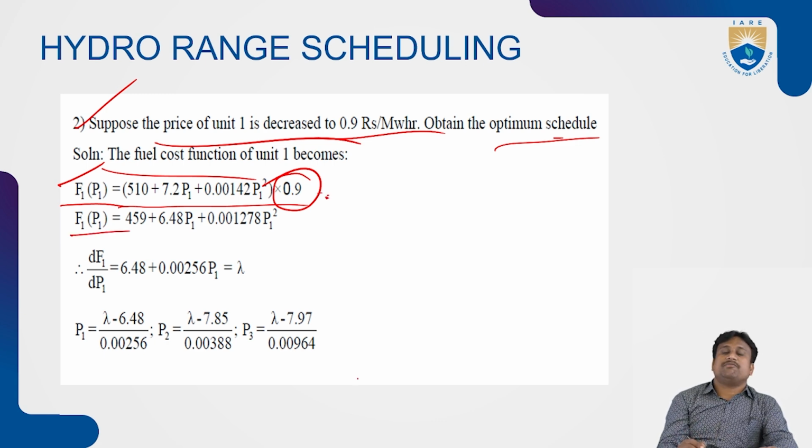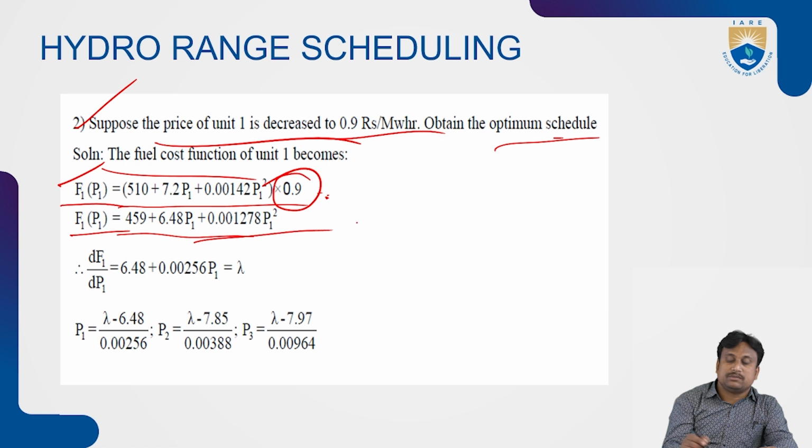Similarly, this F1 of P1 is followed with 459 plus 6.48 P1 plus 0.0127 P1 square. So when you're making to this, then you are going to multiply it with all these combinations.